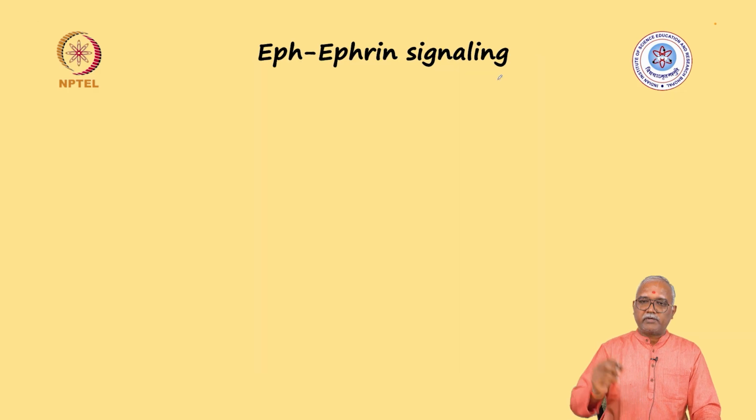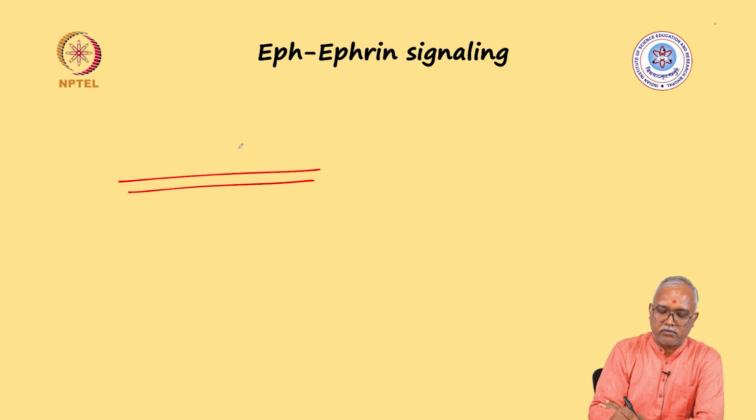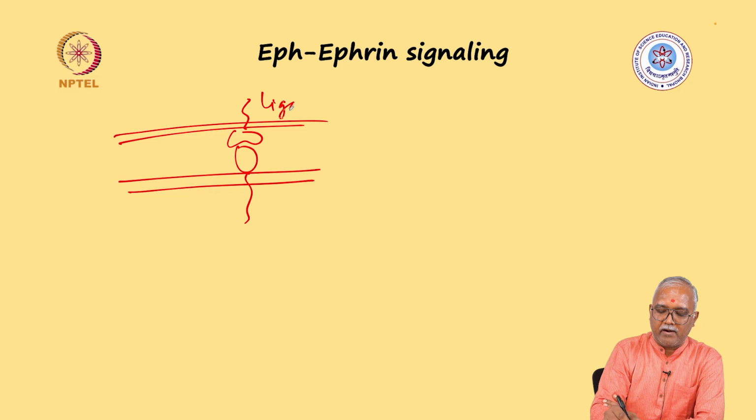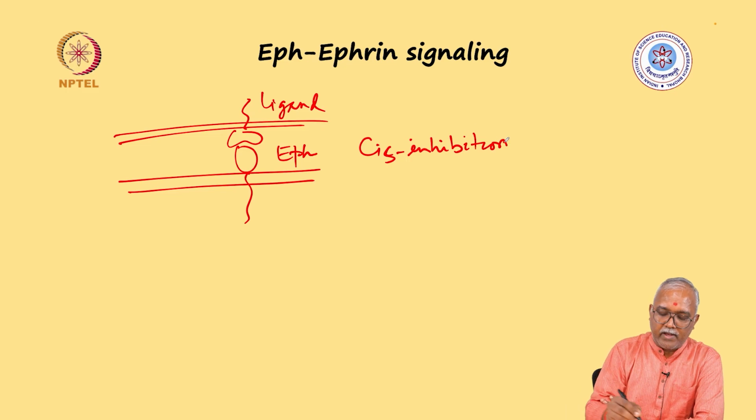So in brief, we saw some very unique things with this particular signaling, where one of the events was ligand and EPH receptor. There is something called cis inhibition, where the receptor bearing cell also has the ligand.